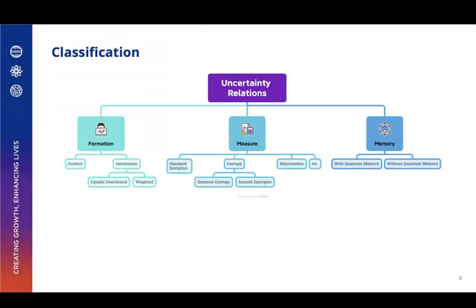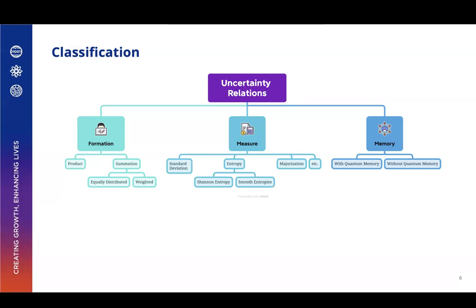Based on different forms, we will have different kinds of uncertainty relation. We can use standard deviation to quantify the uncertainty, and we can also use entropy. And for the formulation, we can divide it into a product form or a summation form, where each observable can be equally distributed or weighted. Moreover, we can consider whether we have quantum memory or no memory.